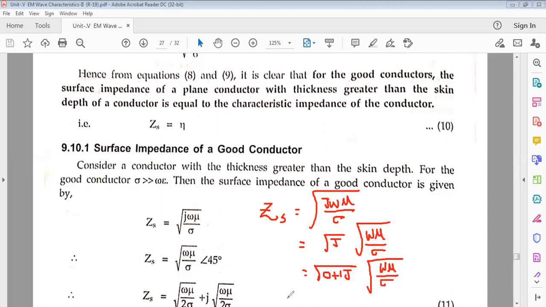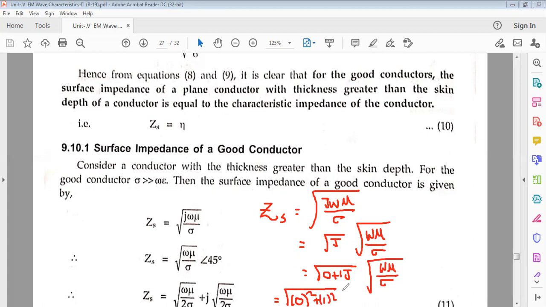So you can write the polar form for this one: under root of 0 square plus 1 square, means the magnitude is 1.